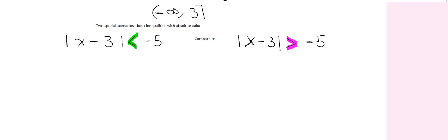In the first one, we're saying the absolute value of an expression is less than a negative number.